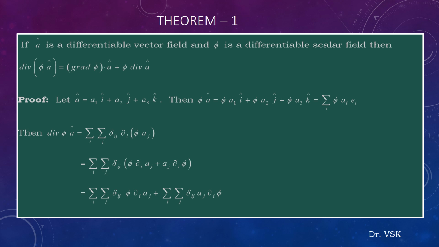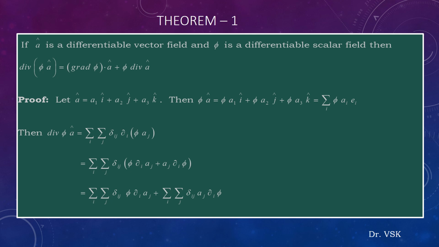Phi a cap equals phi a1 i cap plus phi a2 j cap plus phi a3 k cap, or we can also write it as phi a cap equals phi a1 e1 plus phi a2 e2 plus phi a3 e3, that equals summation sigma over i phi ai ei.